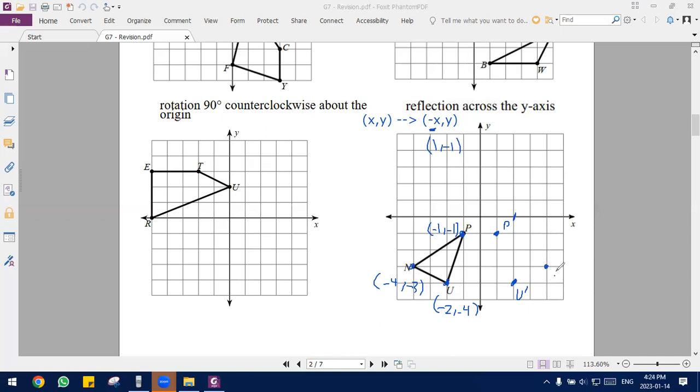And we name it as N prime. Now we match them with small straight lines. So this is the image after reflecting the shape across the y-axis. So please memorize the mapping notation. It's the key to solve all these questions.